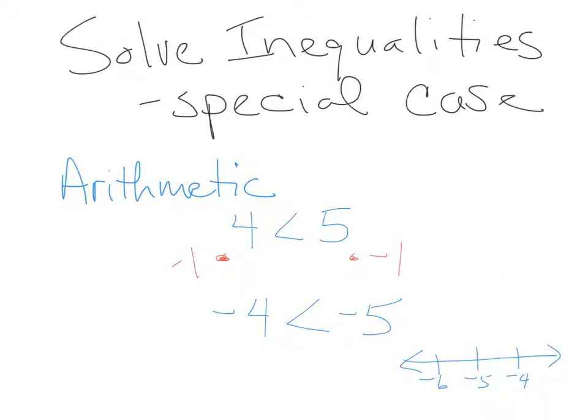So -4 is to the right of -5, so it is not less than -5. So this is not true. So in a sense, I have -4 now is greater than -5. So notice how the inequality symbol gets switched because of the fact that negatives are backwards, and I multiplied both sides by a negative.